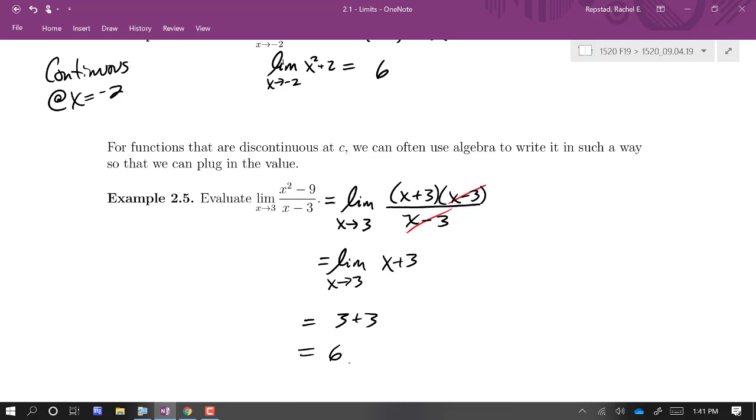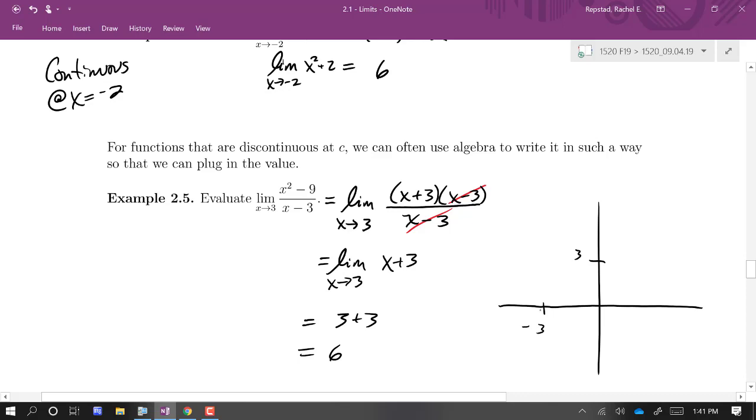If we graphed this function, you wouldn't be able to see it on your calculator because your calculator doesn't really indicate holes. But an actual graph of this function would look just like the graph of x plus 3, except right here, there'd be a hole.